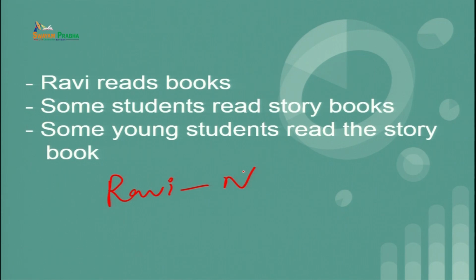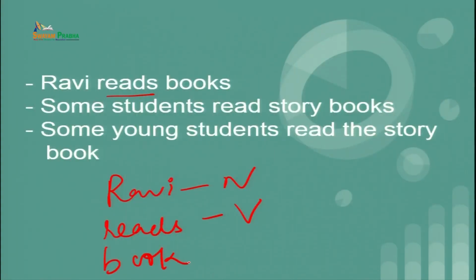I am trying to decompose the sentence into parts of speech, and then you find that there is a word called reads. This reads is a verb, like we have jump, read, cough and so on. So, these are referred to as verbs. Then we have books. Books are referred to as nouns.